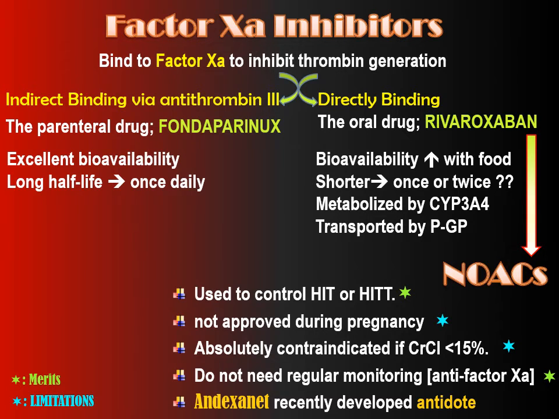It does not need regular monitoring. However, an anti-factor Xa assay is sometimes done, but not in all facilities. It's very expensive. And Andexanet is a recently developed antidote that can be used to reverse its action.